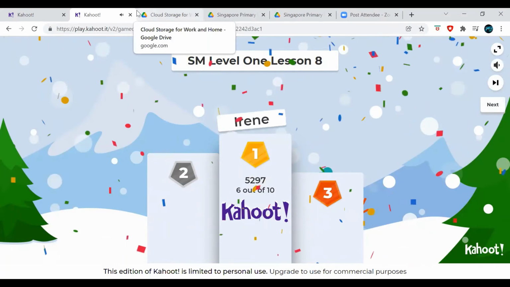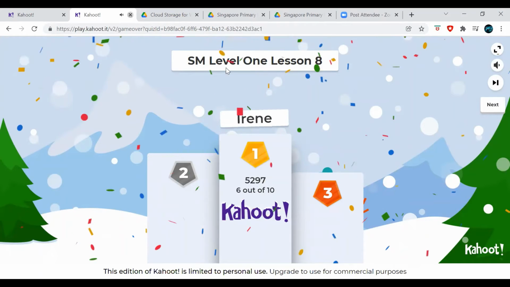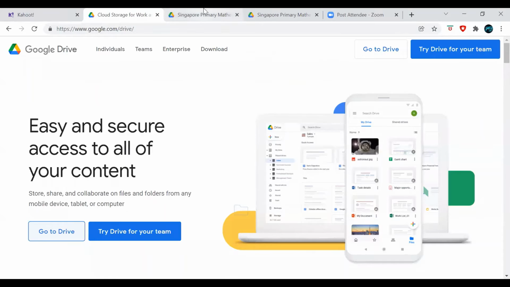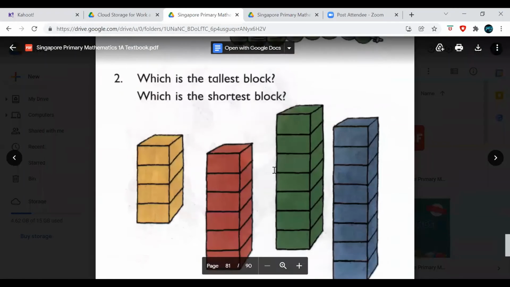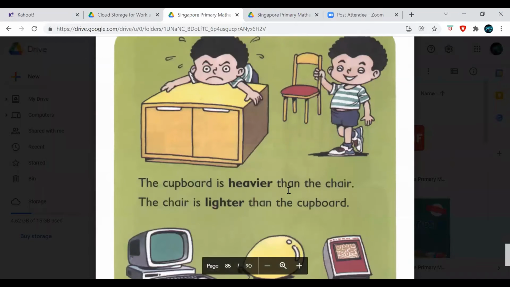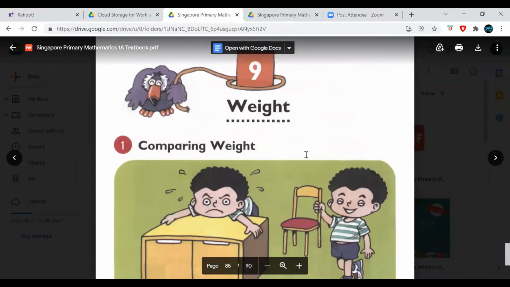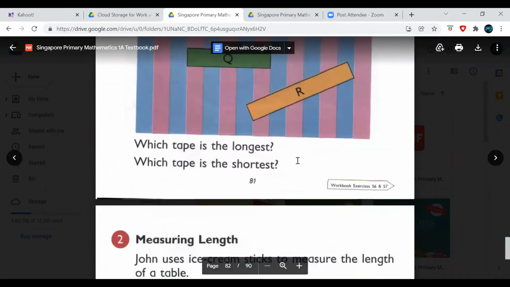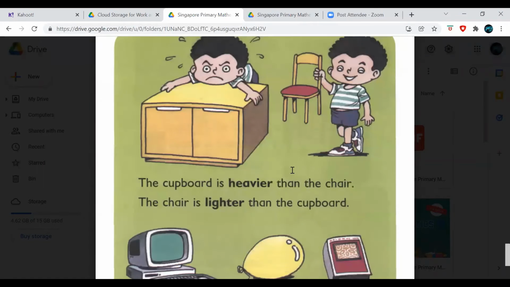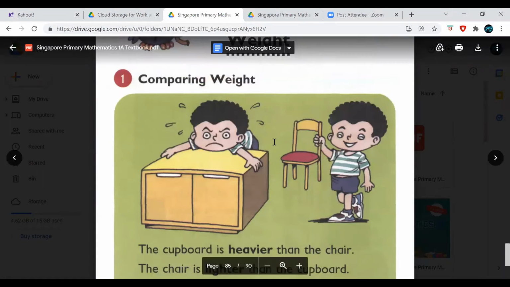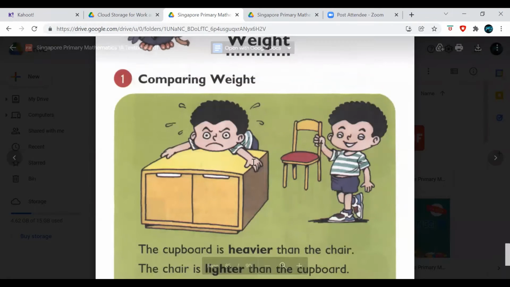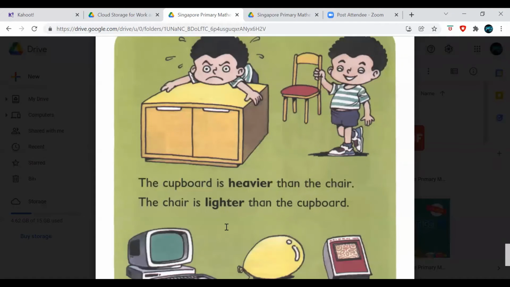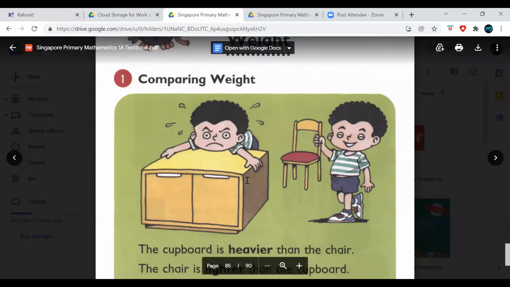We're going to move on to our real lesson for today, which is lesson 9. We're going to be talking about weight. We've been talking about length or height, or how tall or how long something is. But now we're going to talk about how heavy or how light something is. The words heavy and light can describe weight.